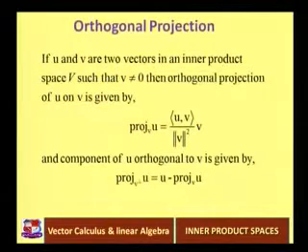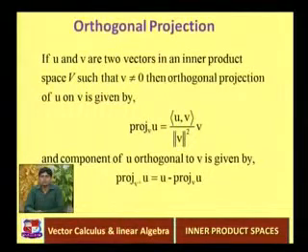If u and v are two vectors in an inner product space V such that v is a non-zero vector, then the orthogonal projection of u on v is given by this equation: projection of u on v = <u, v> / ||v||^2 times vector v, and the component of u orthogonal to v is given by this equation: u minus the projection of u on v.